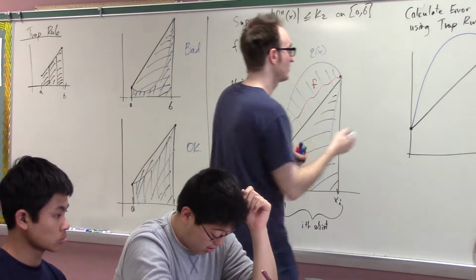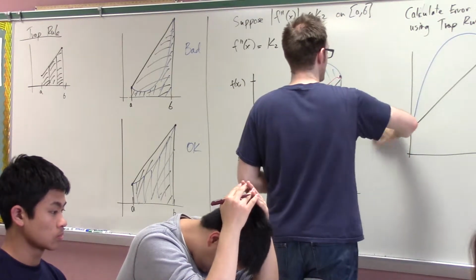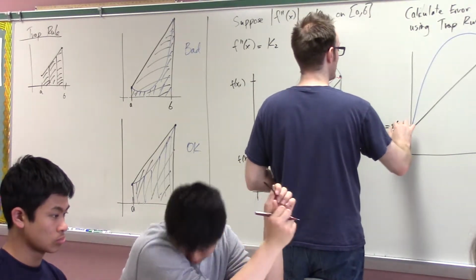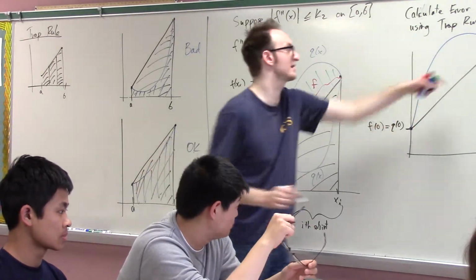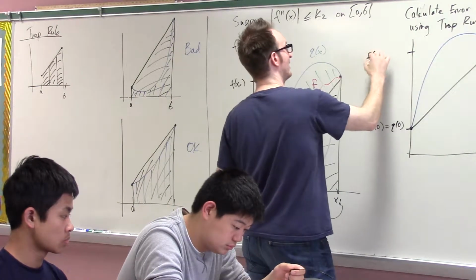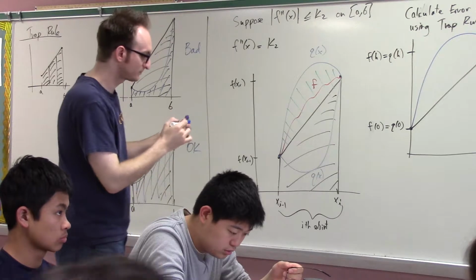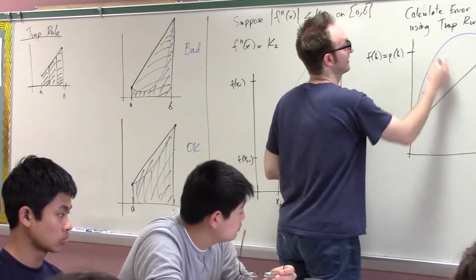This y value is f of 0, and it's also q of 0, because the approximating function has to go through the same start and end points. And f of h is also q of h. What I want to calculate is this area here.